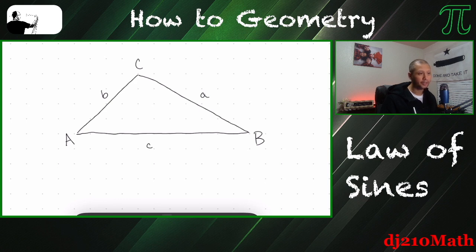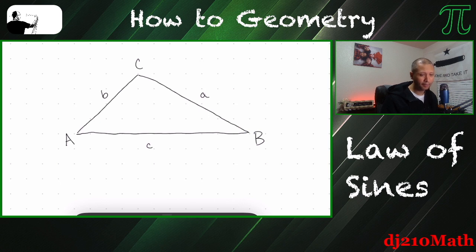Okay, in a non-right triangle scenario, SOHCAHTOA does not do anything for us, right? So any triangle that is not a right triangle, you have to do something else.